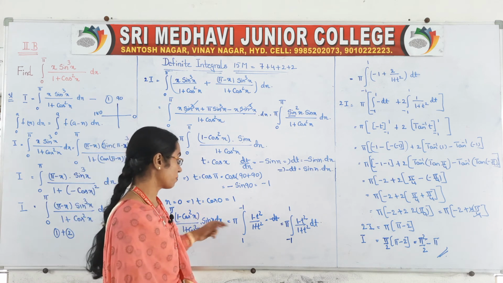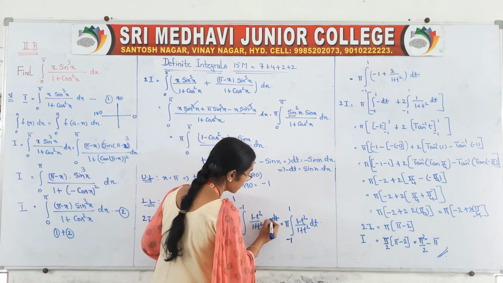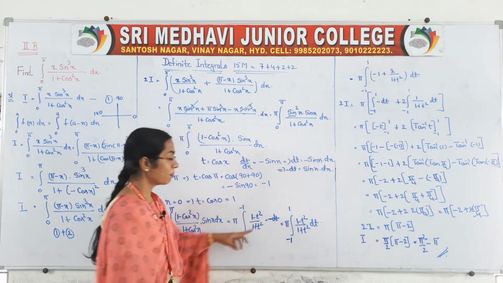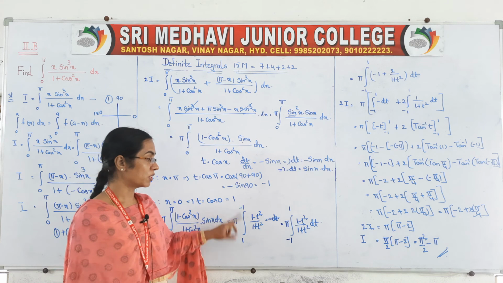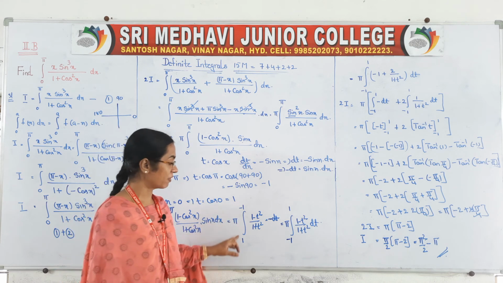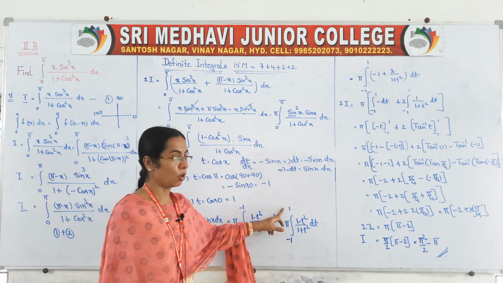So substitute, we got this one, and observe here minus dt is there. Whenever minus is there in the integral, the bounds will interchange, the limits will interchange. Lower becomes upper, upper becomes lower.